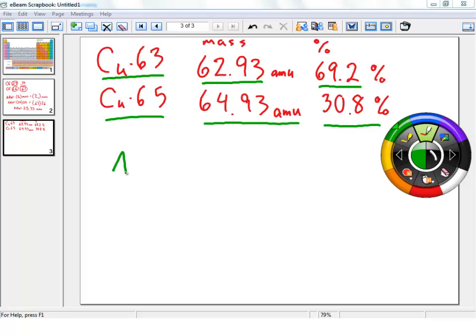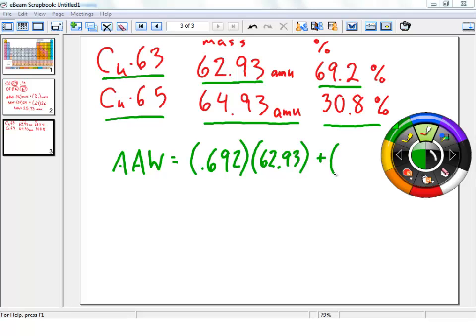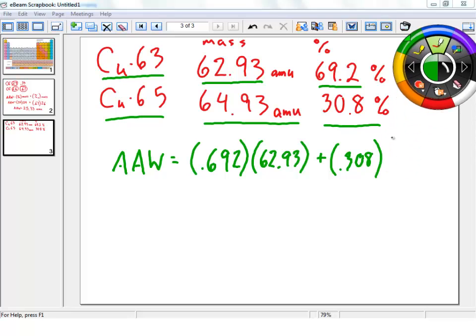So we can put that into our equation with the percentages as decimals: 0.692 times the mass, 62.93, plus the percentage, 0.308, times its mass, 64.93.